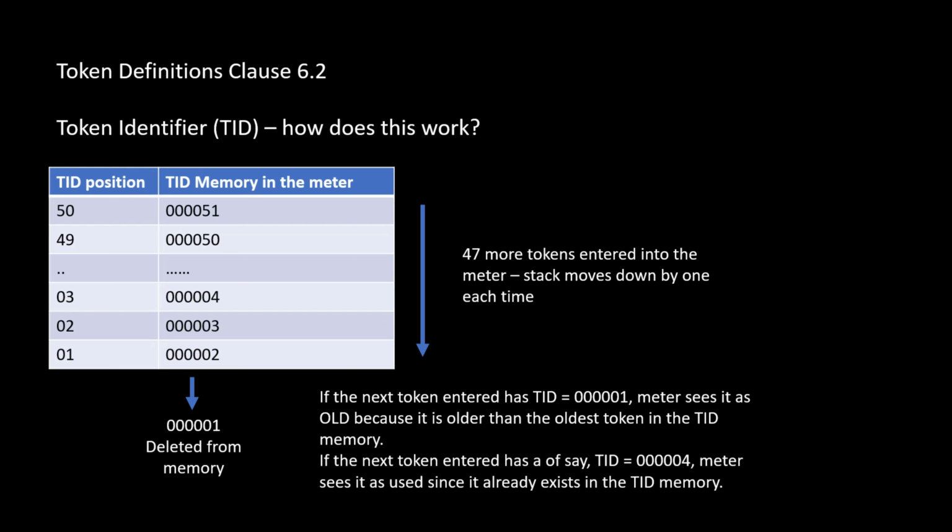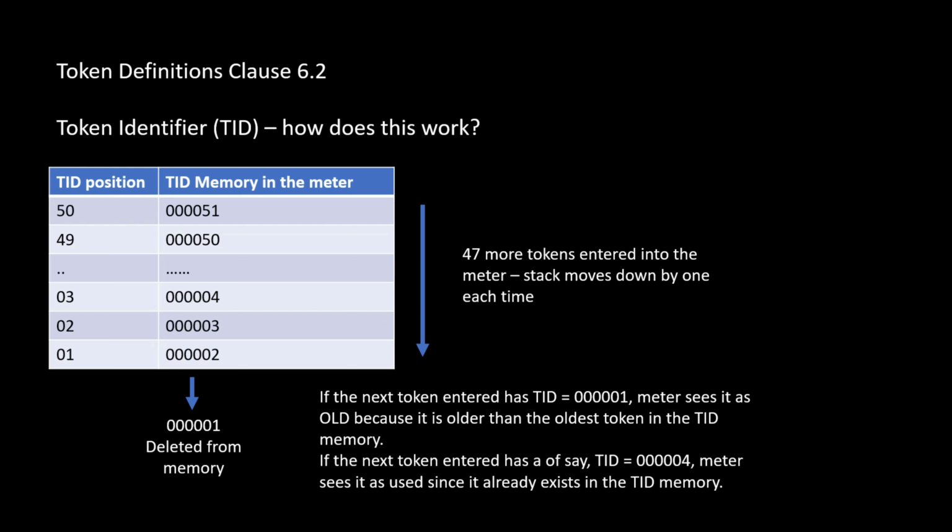Well, the moment you enter the next token, token number 51, the first token 00001 is deleted from memory. If the next token has a TID value of 001 after this, the meter sees it as old because it is older than the oldest token that's in the TID memory. Remember, the token 00001 was removed.